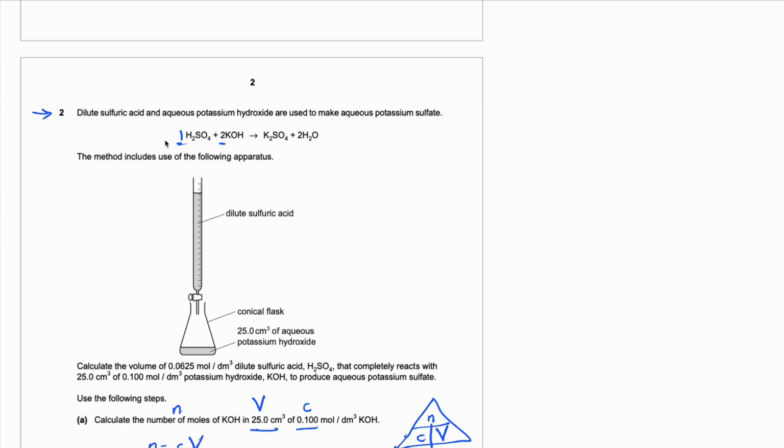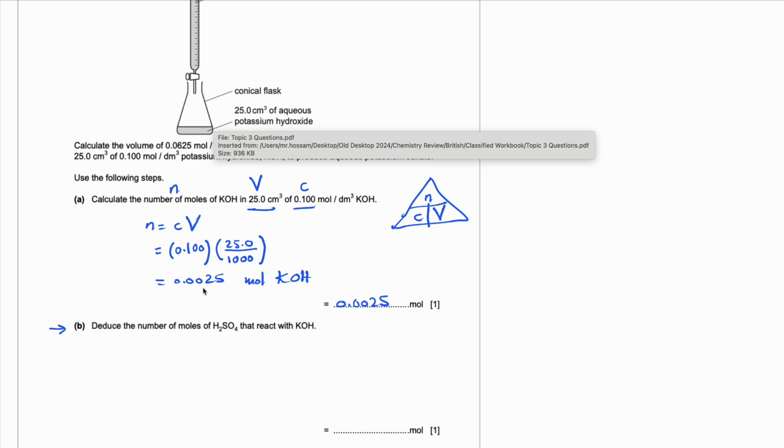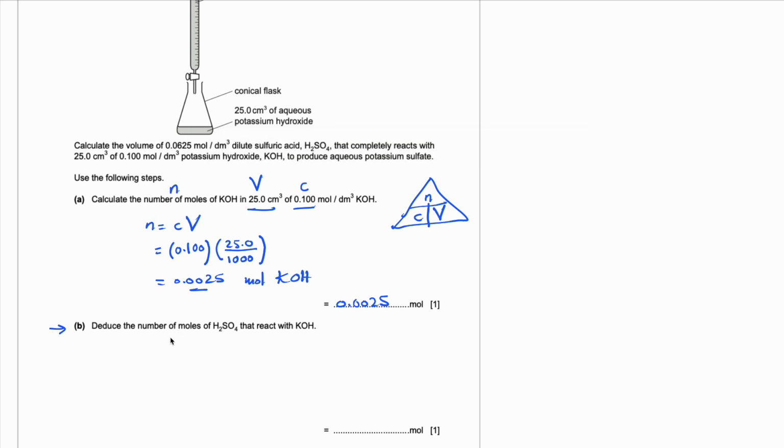So always you need sulfuric acid to be half of the potassium hydroxide, because the ratio is 1 for sulfuric acid, 2, which is double, for the potassium hydroxide.